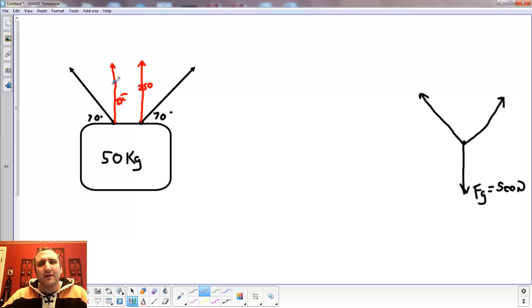So now we've got this triangle here that's 250 newtons on one side, some number of newtons on this side, and some number of newtons on this side. But we have another piece of information we can use, and that is the 70 degrees here.